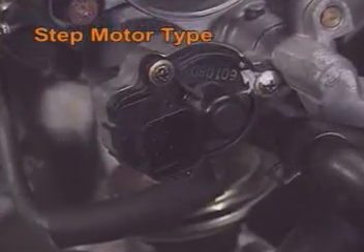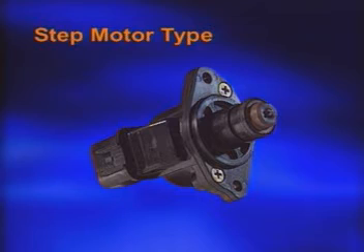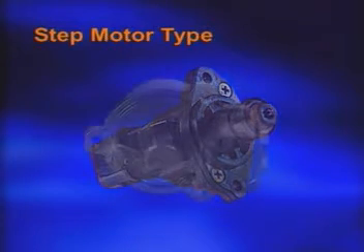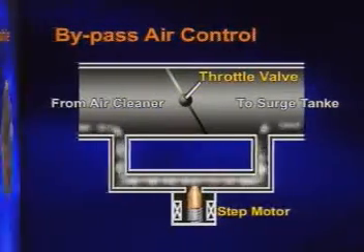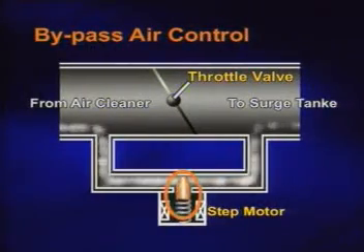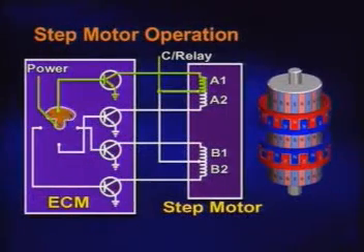Now let's study the step motor type idle speed actuator. The step motor type idle speed actuator is installed on the throttle body and controls the engine speed by controlling the airflow bypassing air. The step motor has 6 terminals.